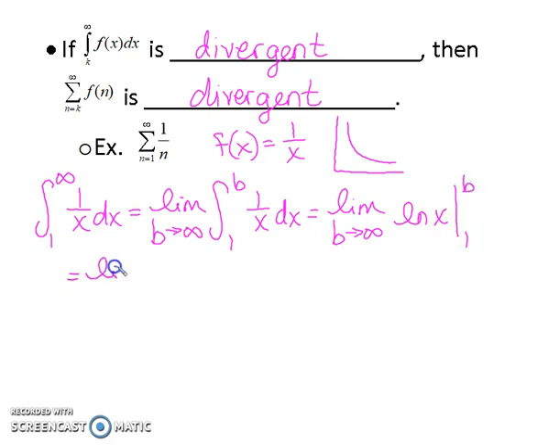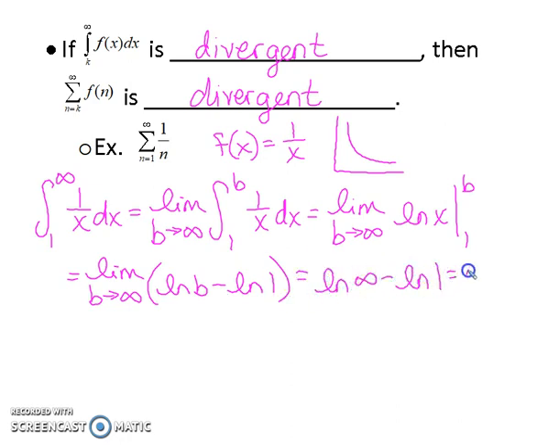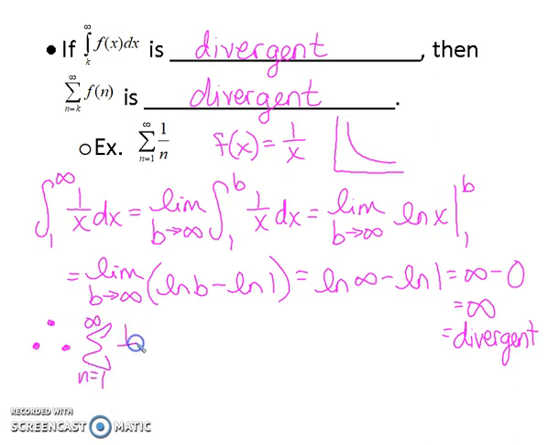So we end up with the limit as b goes to infinity of the natural log of b minus the natural log of 1. When we evaluate the limit, the natural log of infinity is infinity, and the natural log of 1 is 0. So we get an integral that is divergent. So this is yet another way that you can prove that the sum from n equals 1 to infinity of 1 over n diverges.